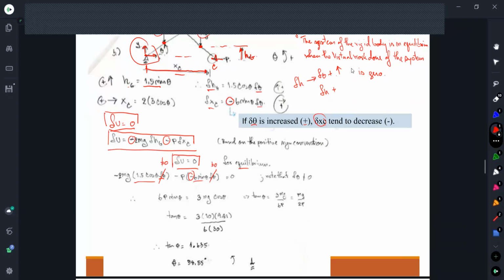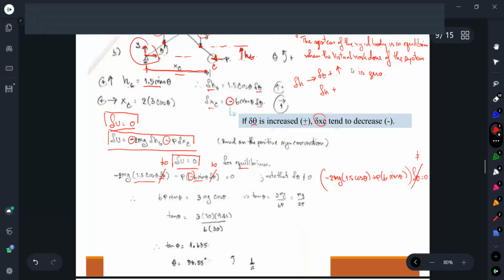So it's correct, but actually we get nothing from this case, because if we set delta theta equal to 0, then it has no meaning, right? But for this case, we assume that delta theta is not equal to 0. So according to this equation, we have minus 2mg times 1.5 cosine theta, plus P times 6 sine theta, both multiplied with delta theta, equal to 0, right?